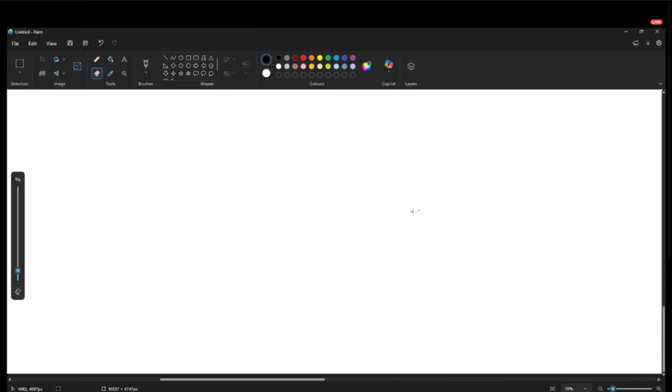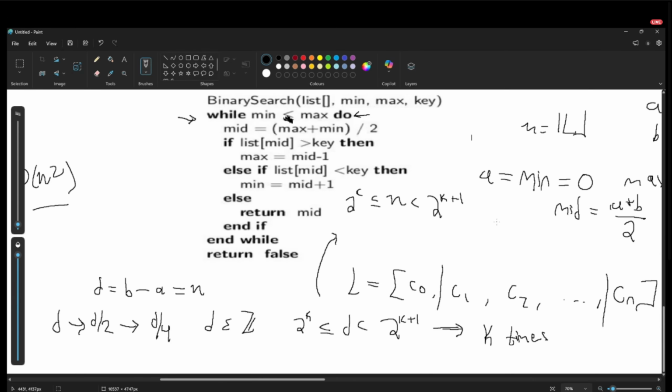That exactly occurs when log base 2 of n is in between k and k plus 1. So really, we're going to be executing this loop k times, which is bounded by log base 2 of n. Therefore, this whole loop gets executed a maximum of log base 2 of n times.